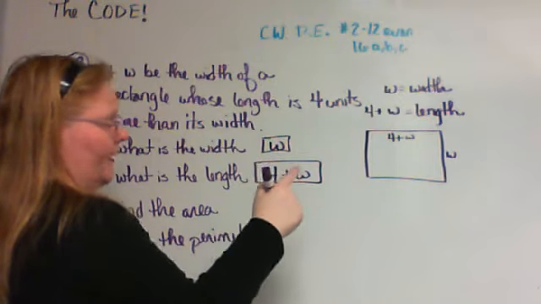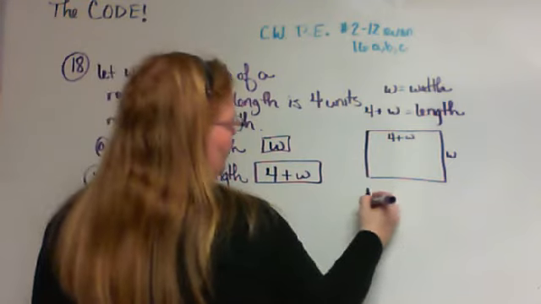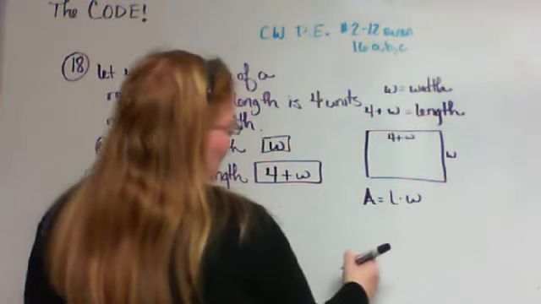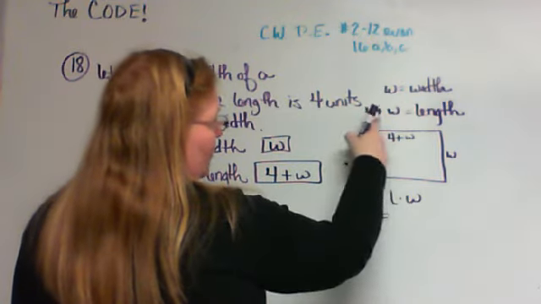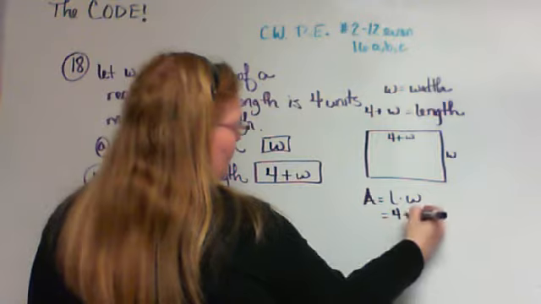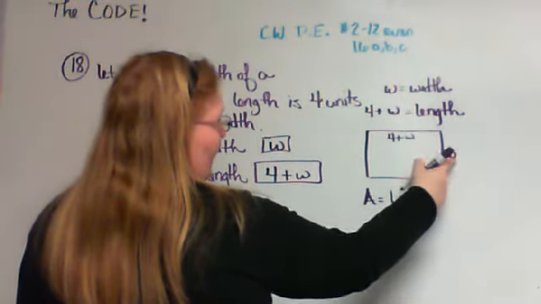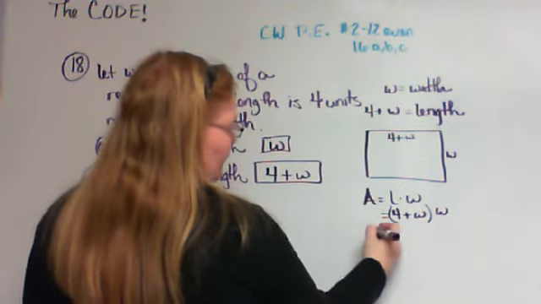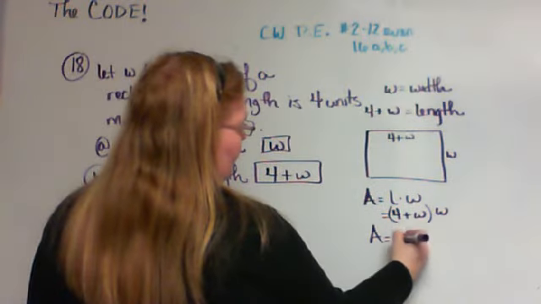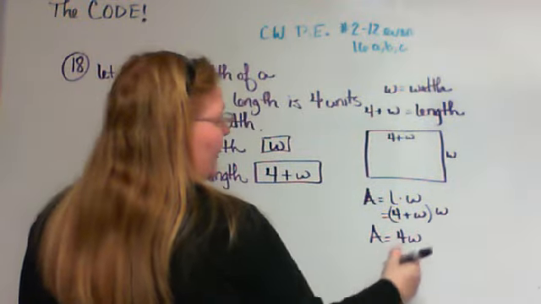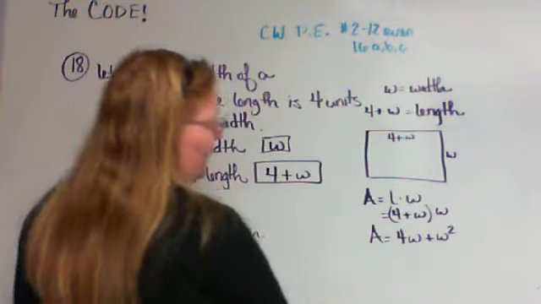So now that we have this, for the area, they told you that the area is equal to length times width. We said that our length was 4 plus W, and we want to multiply that by our width, which is W. So 4 times W is 4W, and then W times W is W squared.